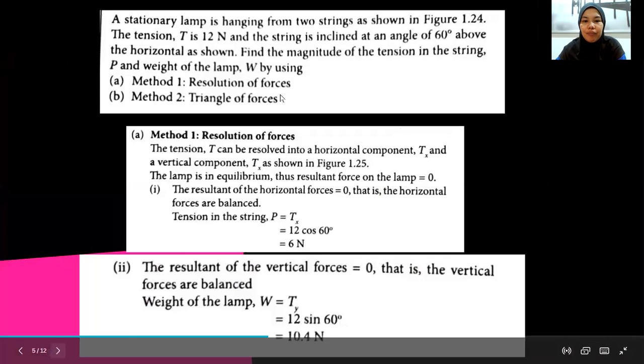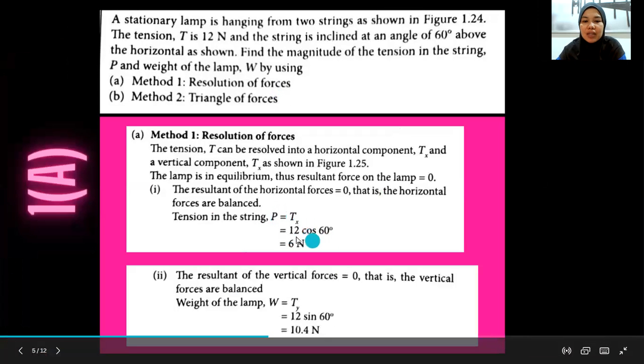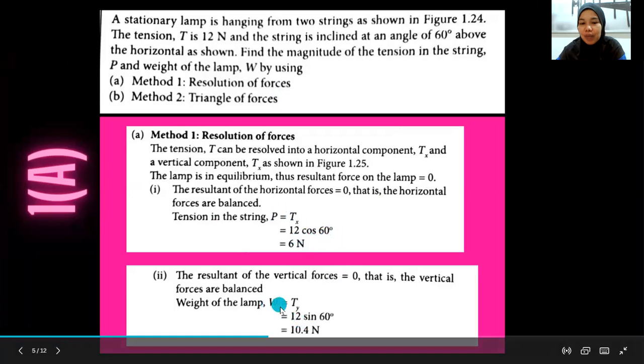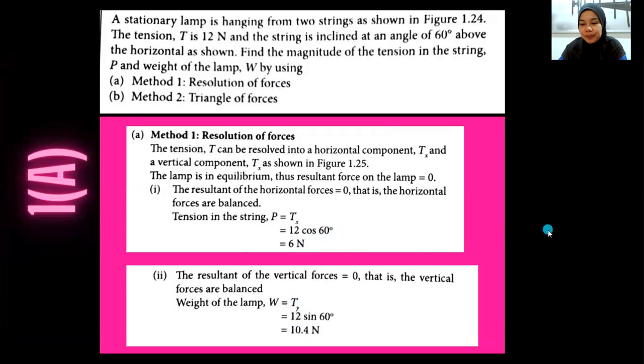Then P is equal to Tx, 12 cos 60, which is equal to 6 Newton. W, the weight, is equal to Ty, the tension in the Y component, and is equal to 10.4 Newton.